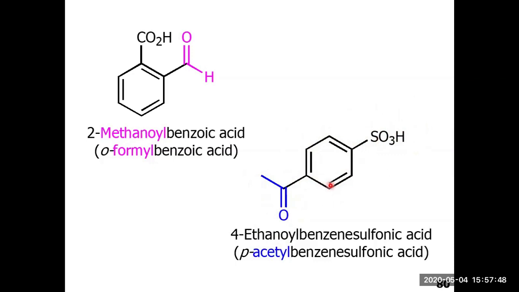So the new base name is called benzene sulfonic acid. Now, you would recognize that the sulfonic acid group is in a 1,4 position with respect to the ethanoyl group. So the name of the molecule can be written as 4-ethanoyl benzene sulfonic acid. Or we can also write this as para-acetyl benzene sulfonic acid.